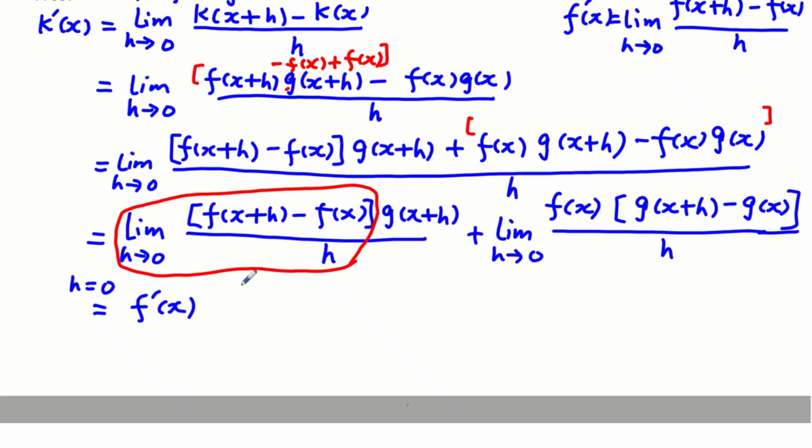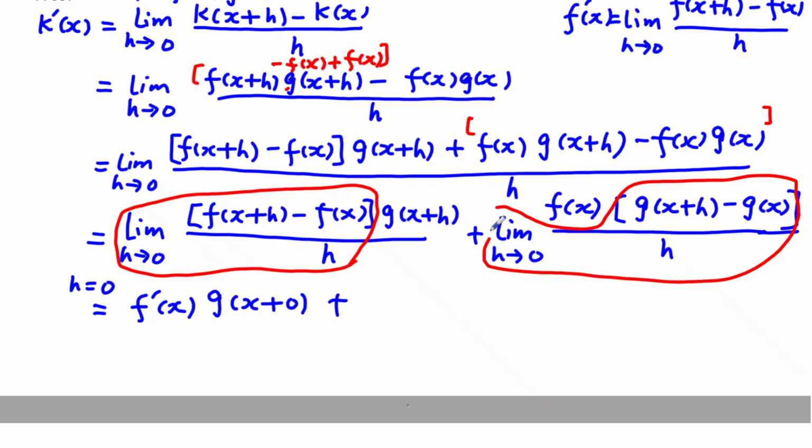So this one is g at x plus 0. Then the second one, the limiting value of that part is our definition of g prime. So f at x, no h, is just f at x.